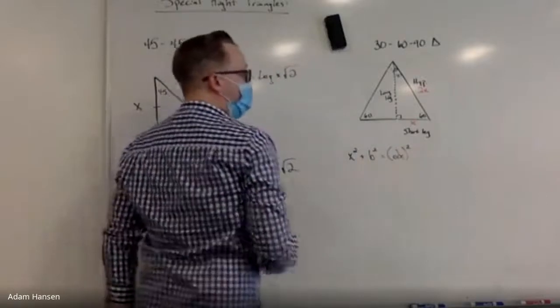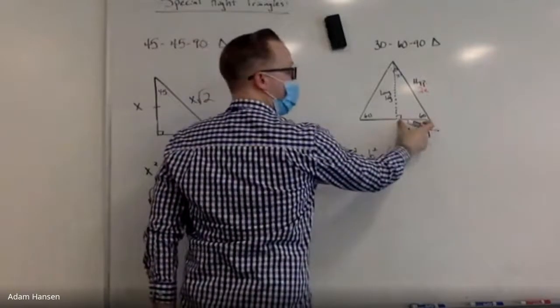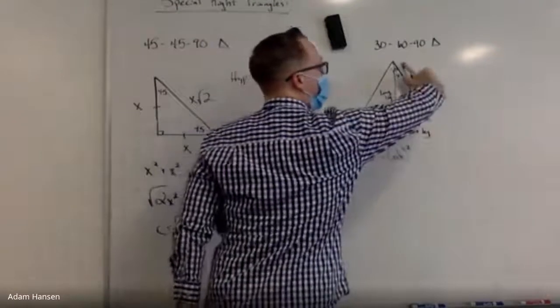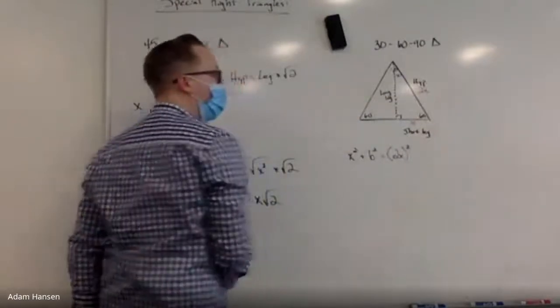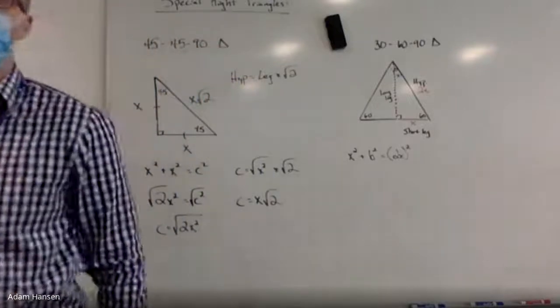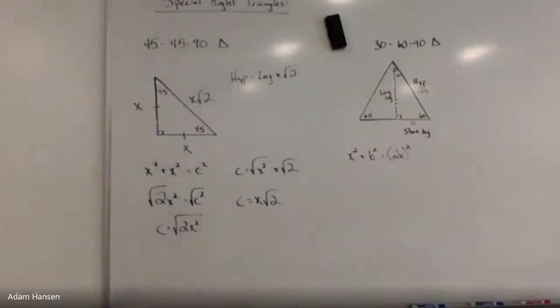I cut this side in half, so the short leg is given as X. That's half of one side, so the entire hypotenuse has a length of 2X. Let's plug the X and 2X into Pythagorean to find, in terms of X, the length of the remaining side, the long leg. X squared plus B squared equals quantity 2X squared.